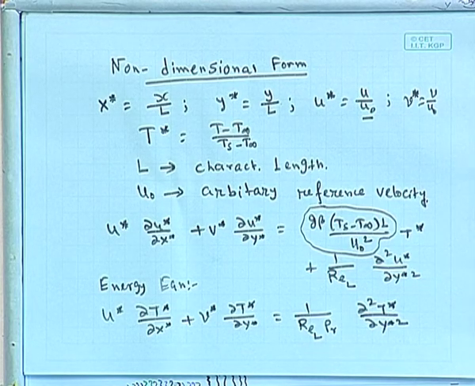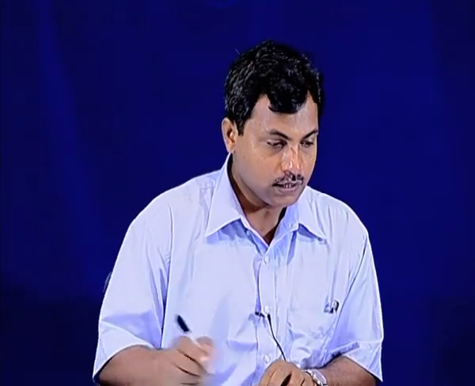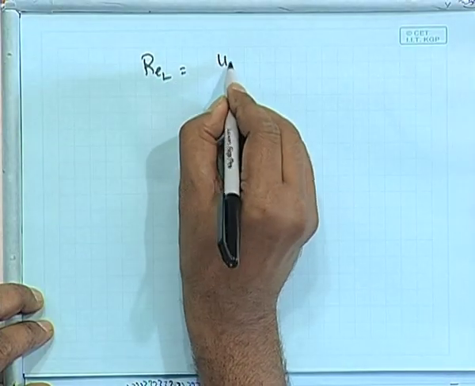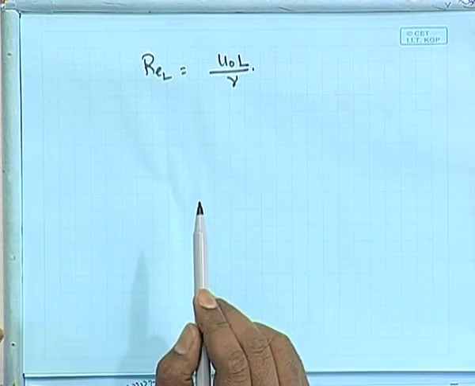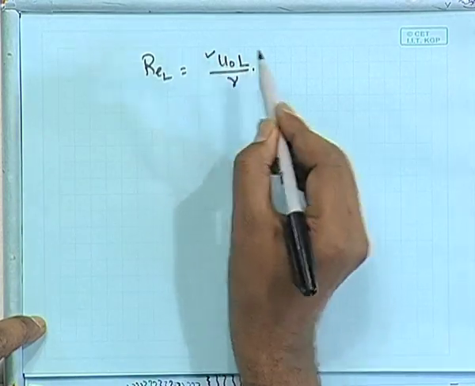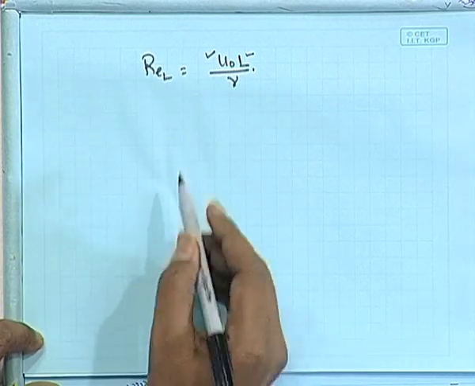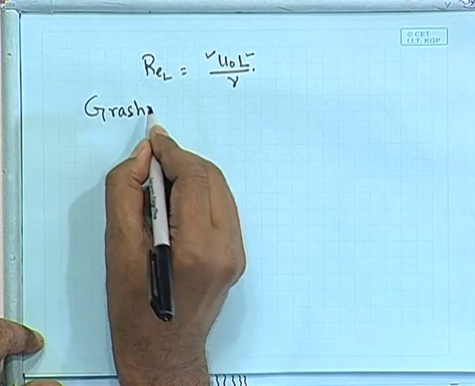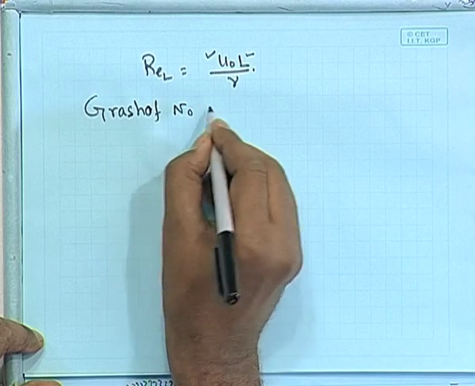Now, again, the reference velocity is unknown and it is very inconvenient. Your Reynolds number is defined as u naught L by nu. That is the way the Reynolds number is defined in terms of the reference velocity, based on the length L. Now, we define a new number known as the Grashof number.